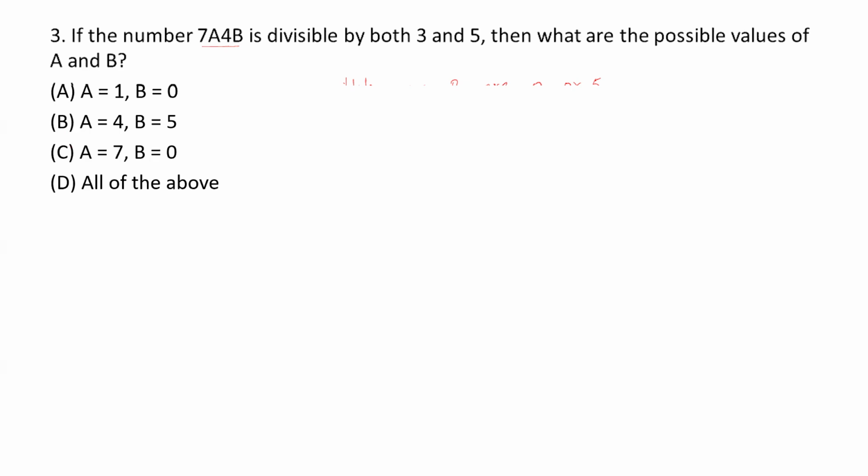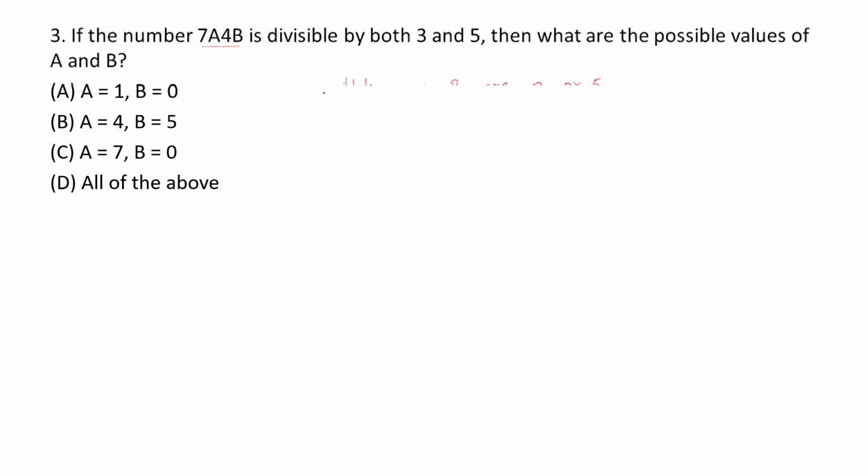So if you remember, a number is divisible by 3 if the sum of the digits is divisible by 3, and a number is divisible by 5 if the last digit is either 0 or 5.